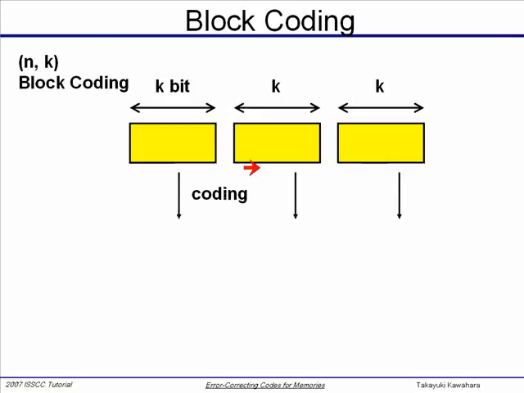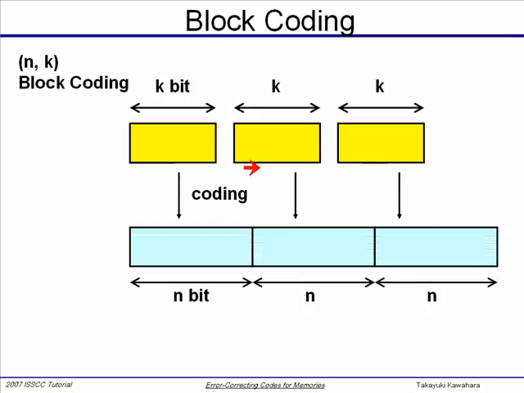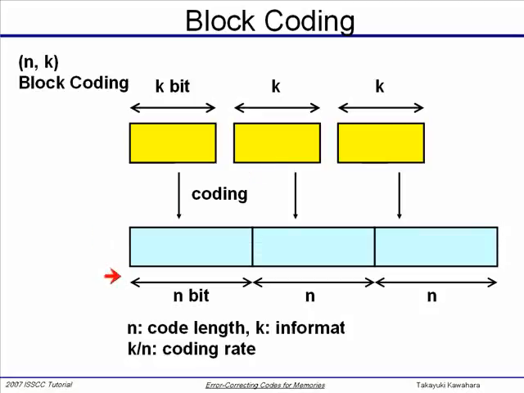As I said, we add some redundancy, and the resultant word is n bits. Here, some terminology: n is the code length, the original k is the information length, and k by n is the coding rate. We call this unit a word. This is block coding.